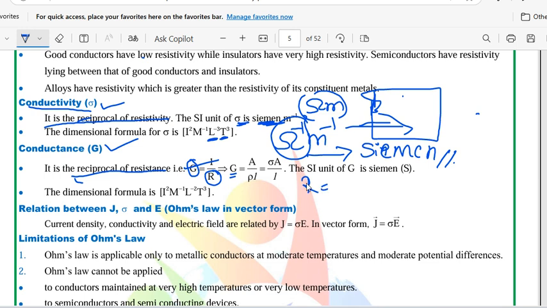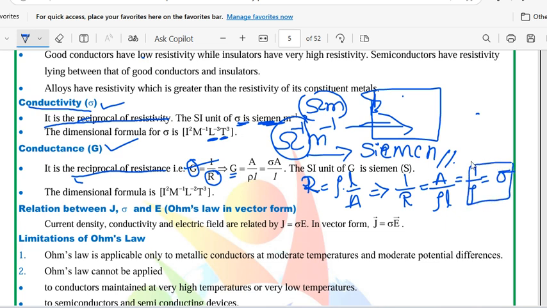R is equal to rho into L divided by A. So in case you take 1 by R as a reciprocal, it will become A divided by rho into L. Am I right or not? Now 1 by rho is equal to sigma.